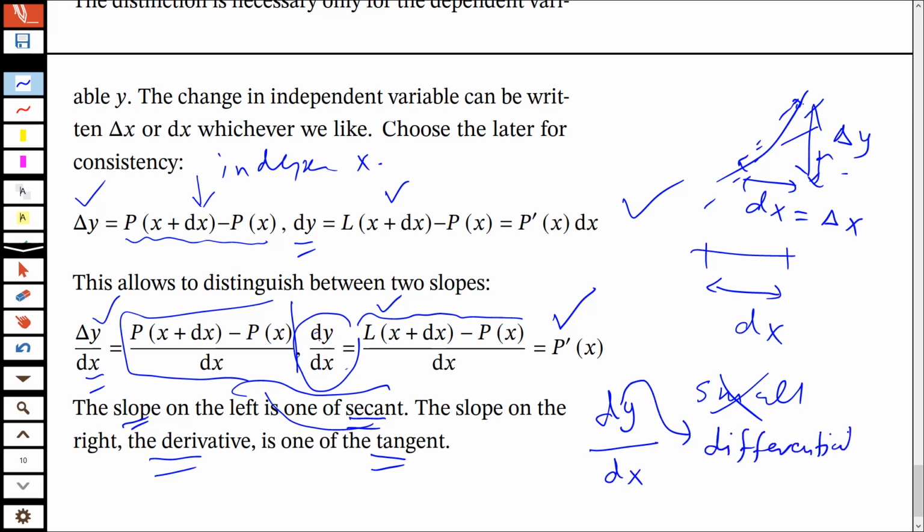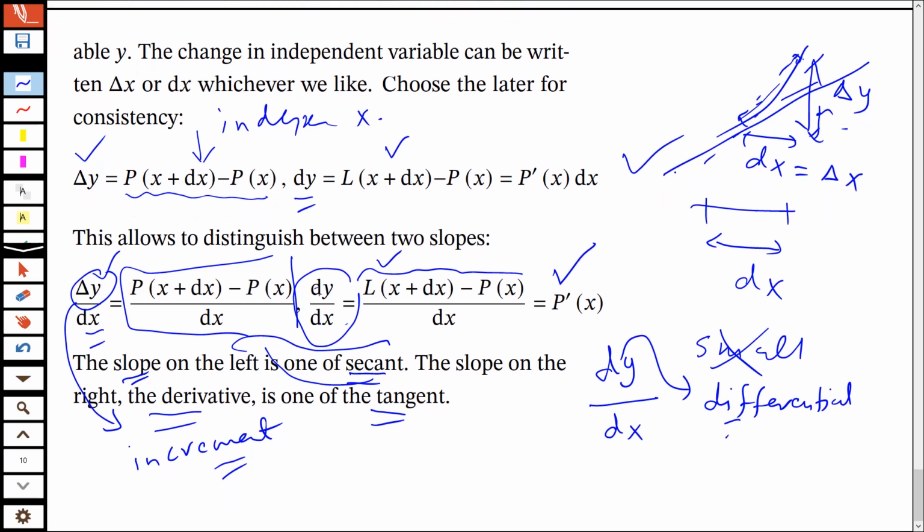The differential is not the actual change; you can call that the increment. The increment is the actual change in the function, and the differential is the change captured by the straight line approximating your curve. I hope that helps clear those confusions.